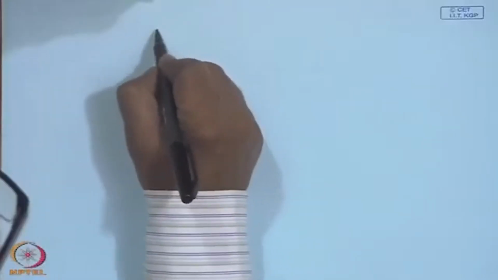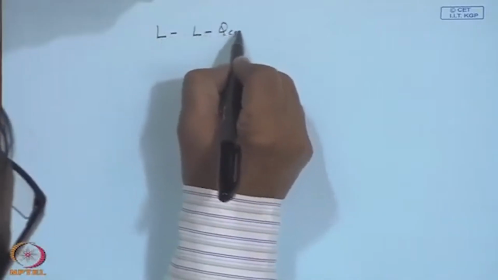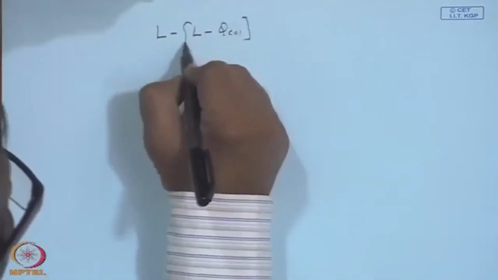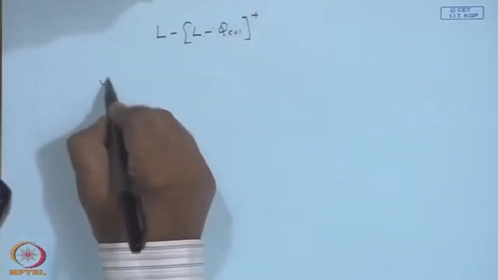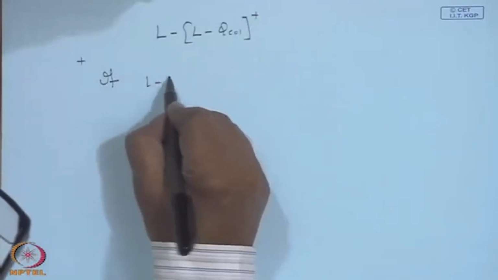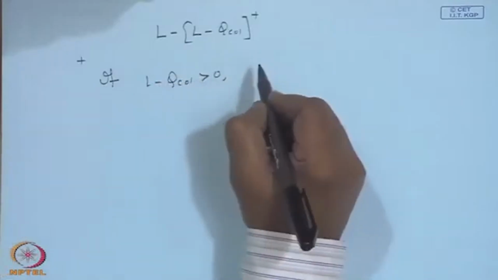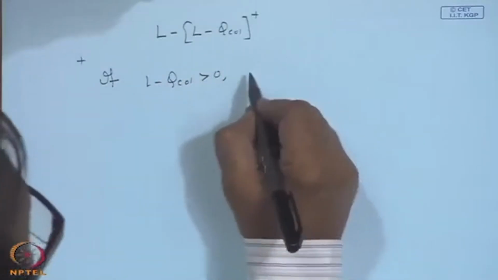Now, this is written only for mathematical convenience. What we are trying to say is L minus Q col superscript plus, which means if L minus Q col is positive, you take that.